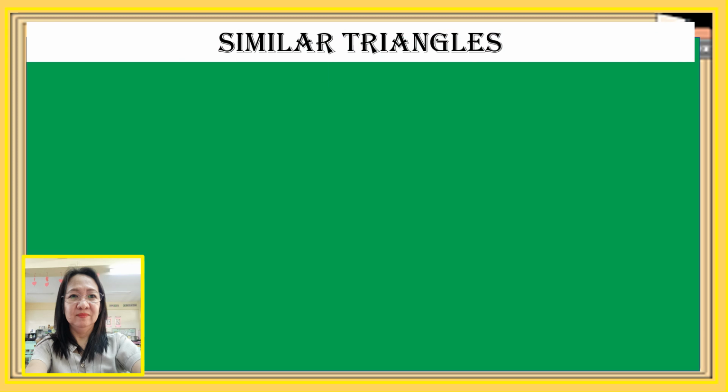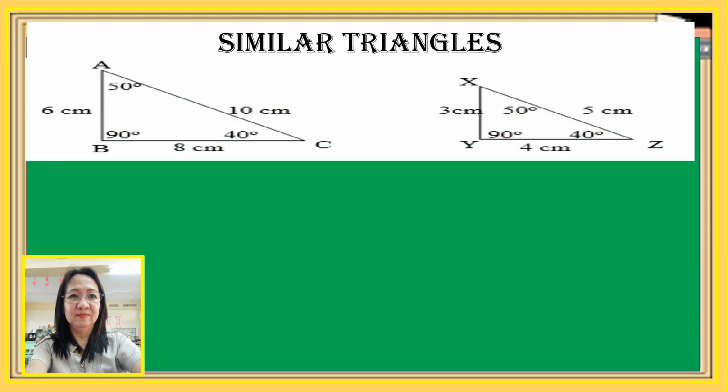Now let us have another figure. Let us see how to prove these similar triangles. In the figure are two different size triangles, where triangle ABC is similar to triangle XYZ.